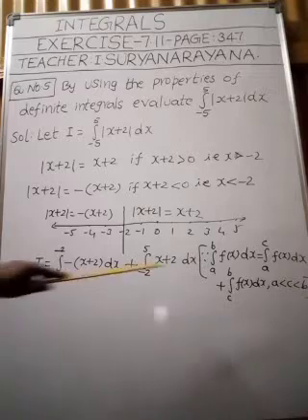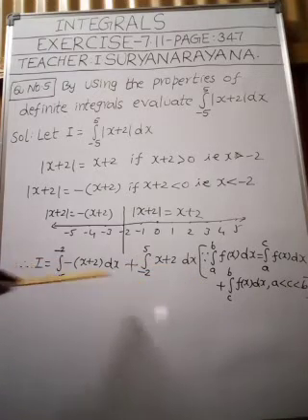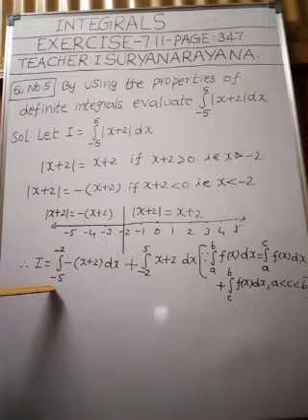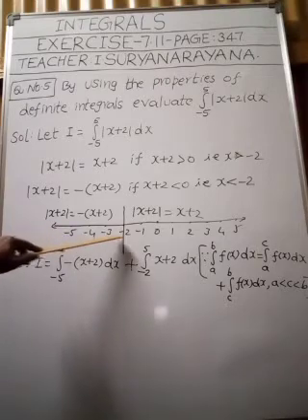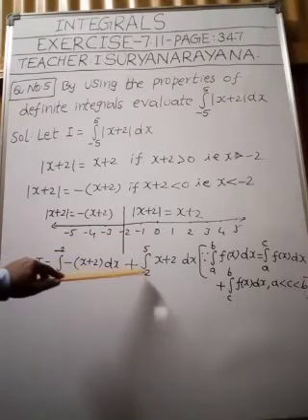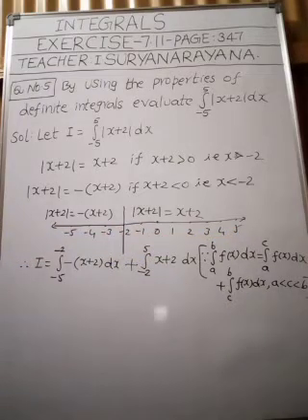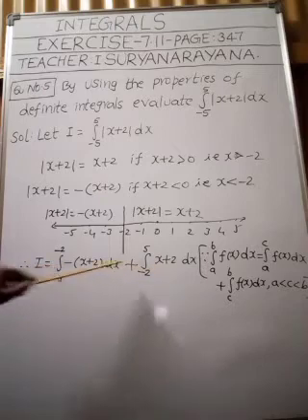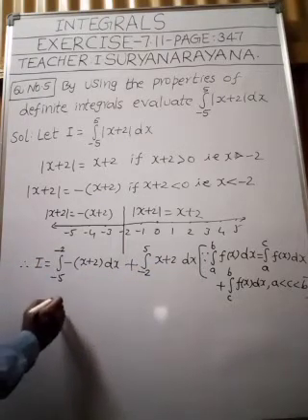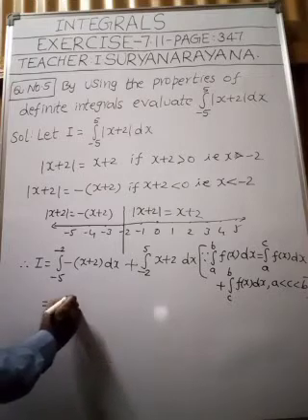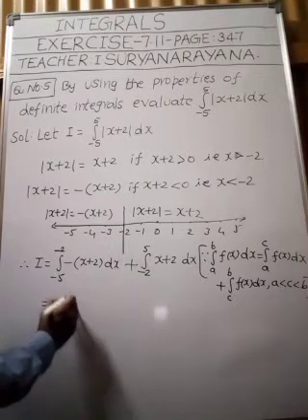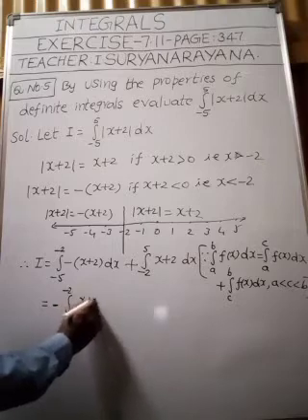Okay, my children, by using this property, we wrote this step where a is equal to minus 5, c is equal to minus 2 and b is equal to 5. So integral minus 5 to minus 2 f of x dx plus integral minus 2 to 5 f of x dx. Understood this step, my children? Right. Now let us evaluate here.